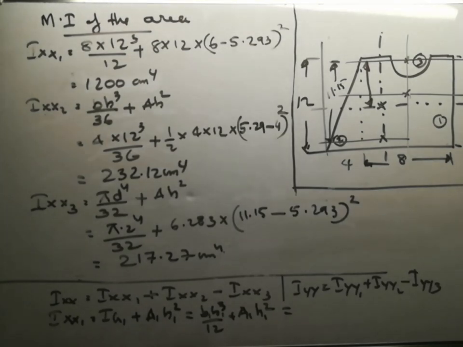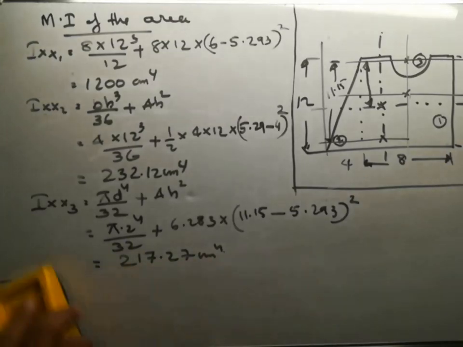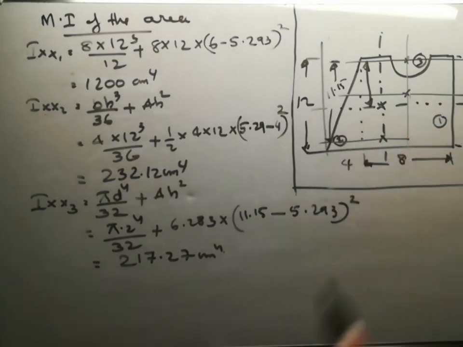So these are Ixx1, Ixx2 and Ixx3. Therefore, the moment of inertia of this complex area about the horizontal centroidal axis will be Ixx1 plus Ixx2 minus Ixx3.